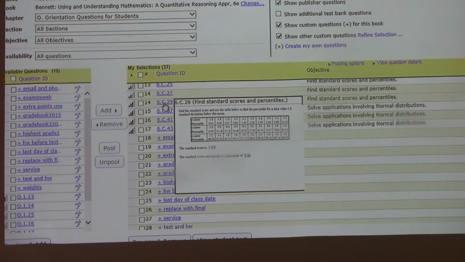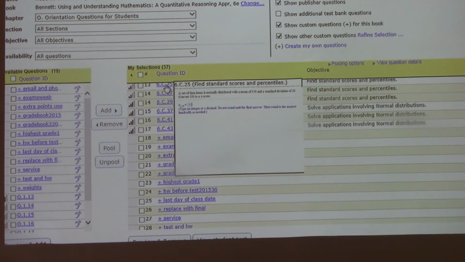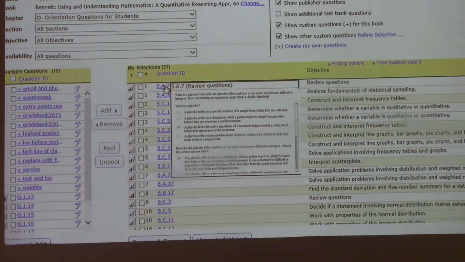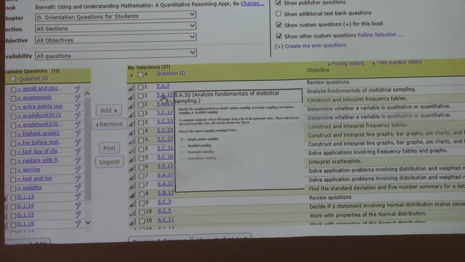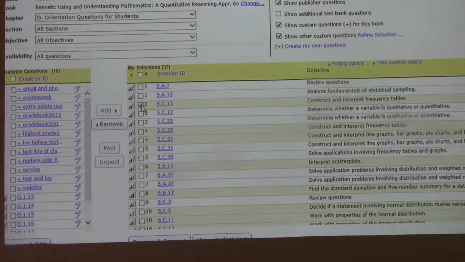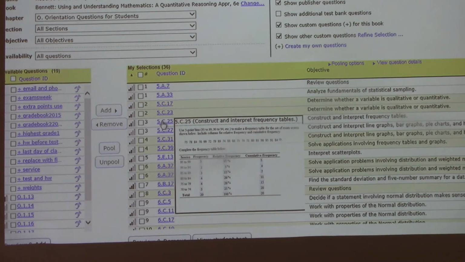I'm taking off some of these crazy questions with 15 steps. That one's easy. What is a placebo? I don't remember doing that. That one's okay. That one I'm taking off. That's the one with the ABCs, which is 15 steps.